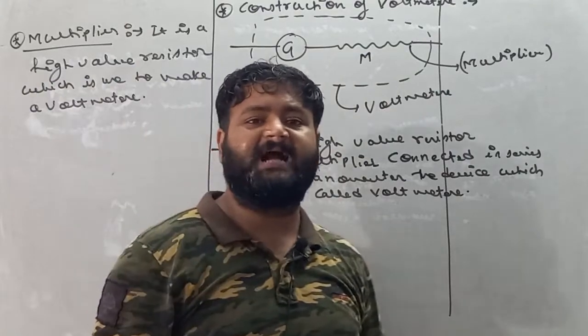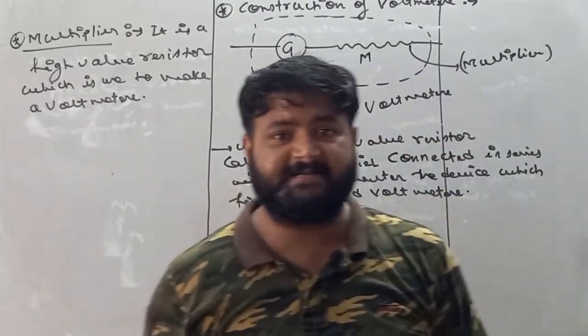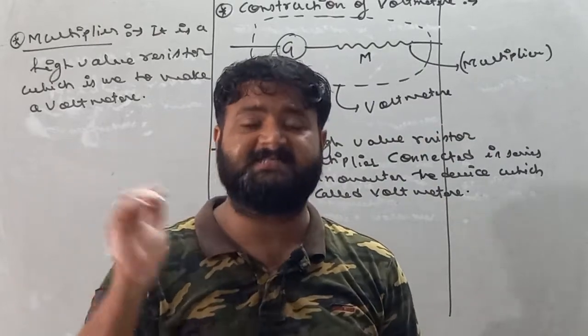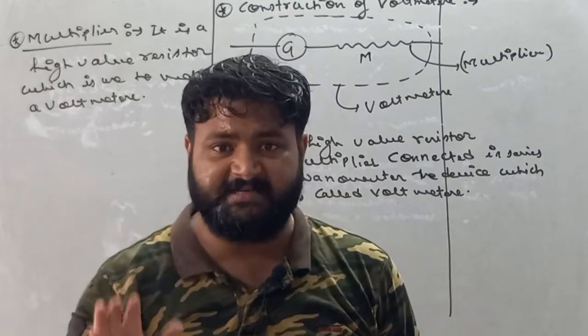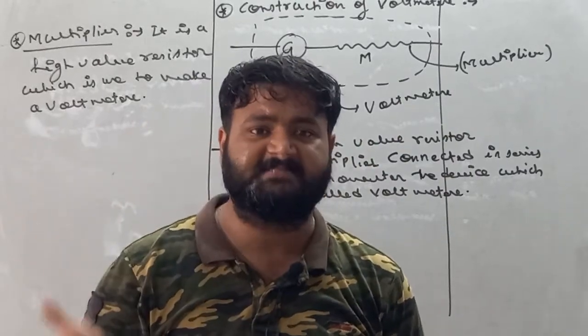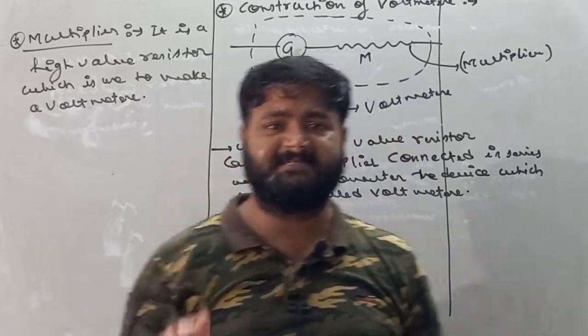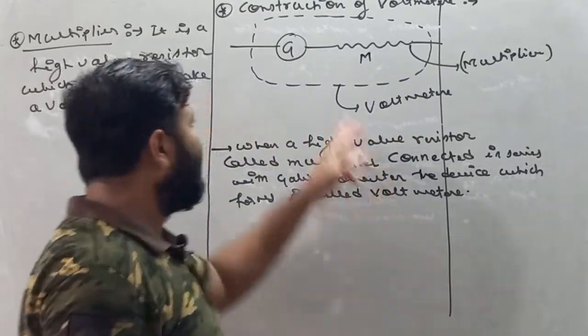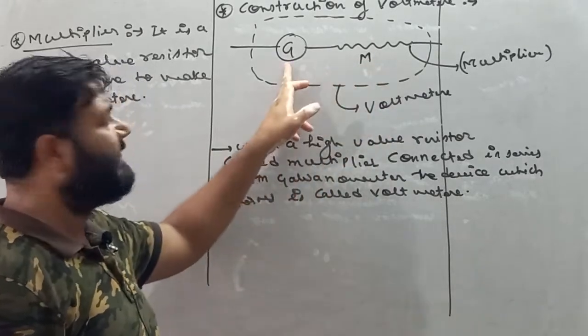Why am I connecting a high value resistor in series with galvanometer? So that the net resistance of the circuit increases. As we know, if we connect resistors in series, net resistance increases. If we connect resistors in parallel, net resistance decreases. So what I am doing here, I am connecting a high value resistor in series with galvanometer.